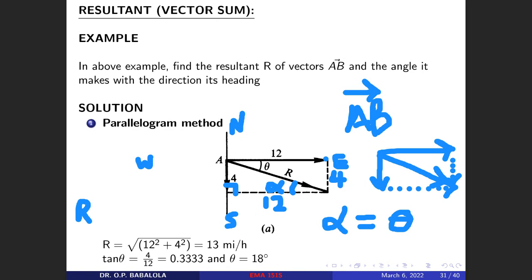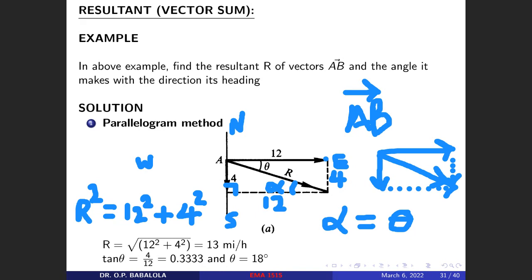Because R squared is equal to 12 squared plus 4 squared, and to find R, you just take the square root of everything. So R, the resultant, will give us 13 miles per hour.